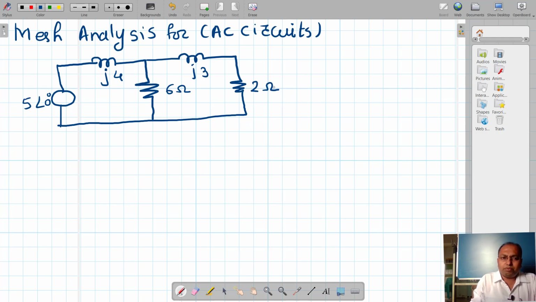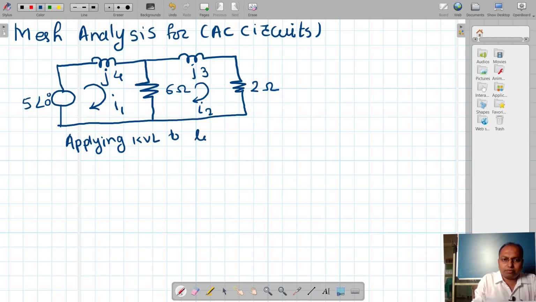Remember that we assume the current directions to be clockwise. So let us say this is your I1 and this is your I2. Now let us apply KVL to loop number 1.